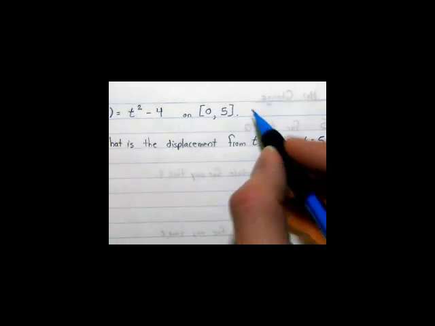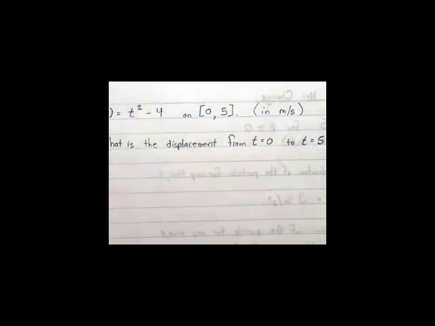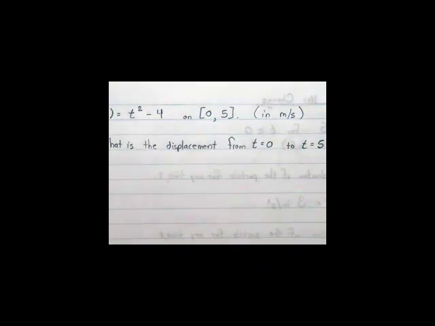All right, we'll do displacement again. Oh, and I should probably give you some units for this. So let's do this in meters per second this time. All right, so go ahead and get me that. What's the displacement from t equals 0 to t equals 5? And then we'll talk total distance after that.